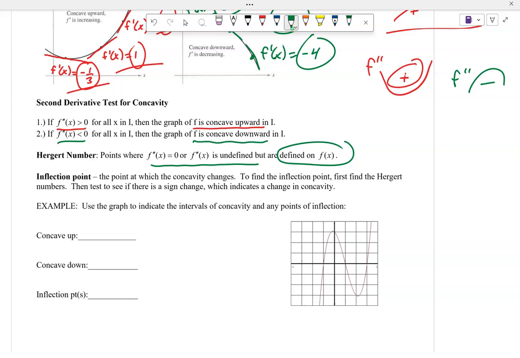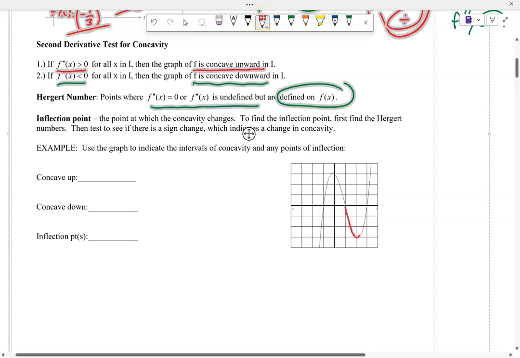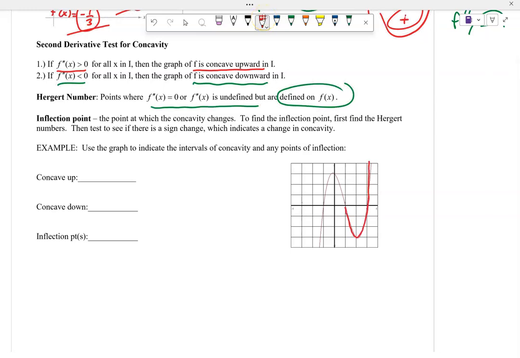So let's go ahead and do it using the graph here. Let's go with concave up first. Can you see that it's concave up, smiling up, if you will, from an x value of 1 on? See how it's concave up? In other words, f prime is increasing, is what that's saying.